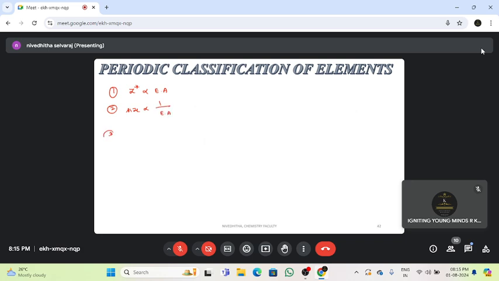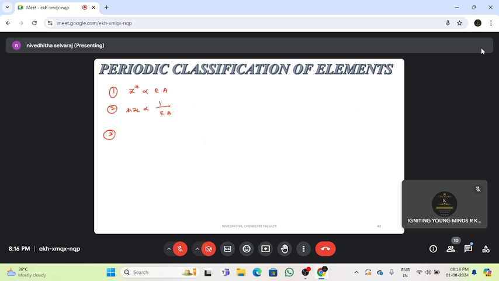Next, will a half-filled and completely filled configuration have higher electron affinity or lesser electron affinity? Higher one. Okay, Vashni's answer is higher. How about Tatvatika? Ma'am, I think it will be lesser. Fine.